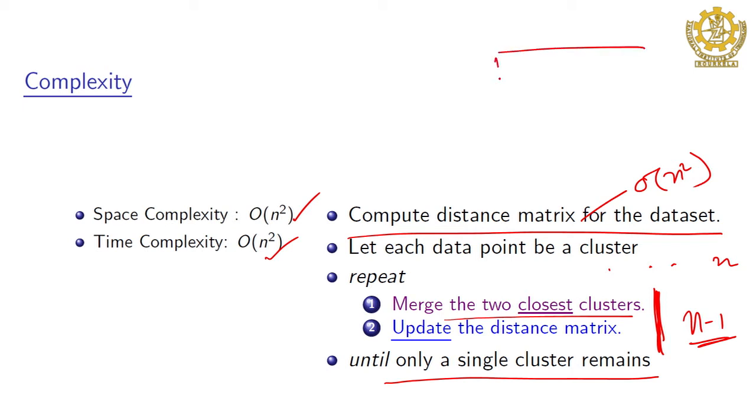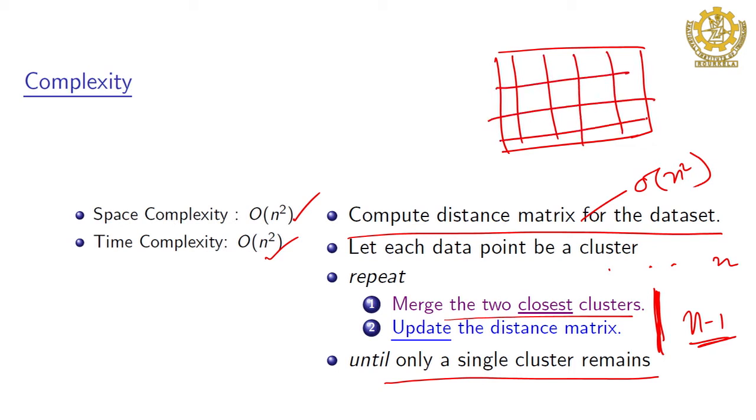If without any further data structure, what can you do? You have to merge the two closest clusters. How do you merge it? You have to look at all the elements here. There are order of n square elements. So, searching for the minimum will take order of n square time. Each time you have to find the minimum, so order of n square time.